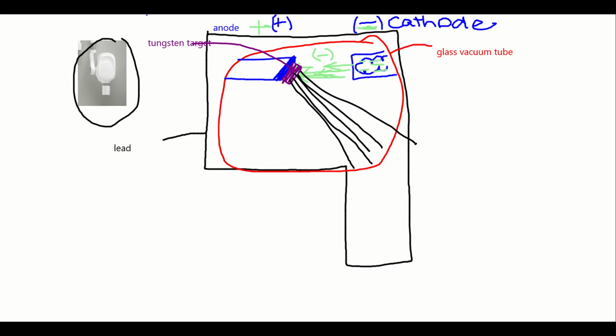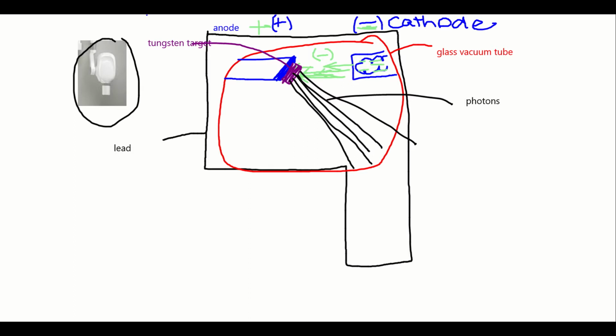The proper name for that ray that is produced at this point is called photons. P-H-O-T-O-N-S, photons. Again, since we drew this in such a way that the tungsten target is angled, the photons are coming down towards the opening where we have an opening in the lead case.